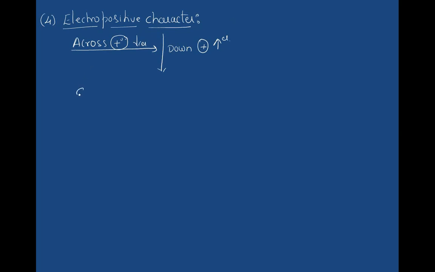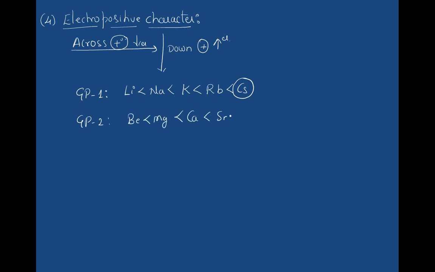So with respect to group 1 elements, lithium, sodium, potassium, rubidium and cesium, cesium possesses high electropositive nature. With respect to group 2, beryllium, magnesium, calcium, strontium and barium. So group 1 elements are more electropositive than group 2 elements.